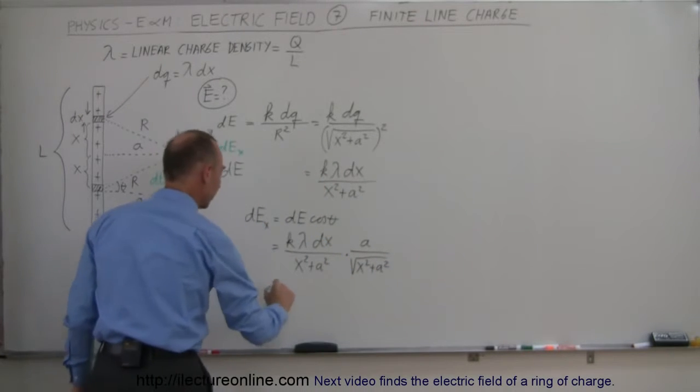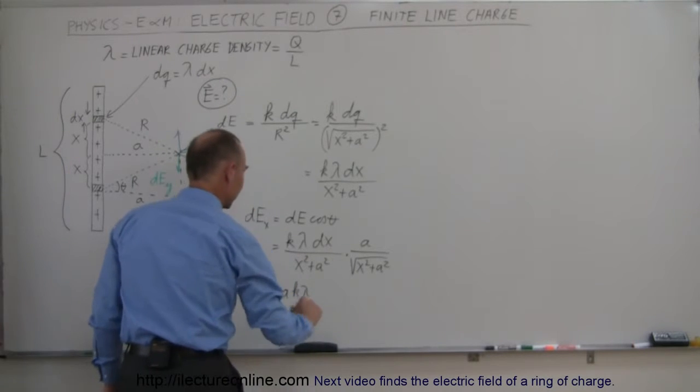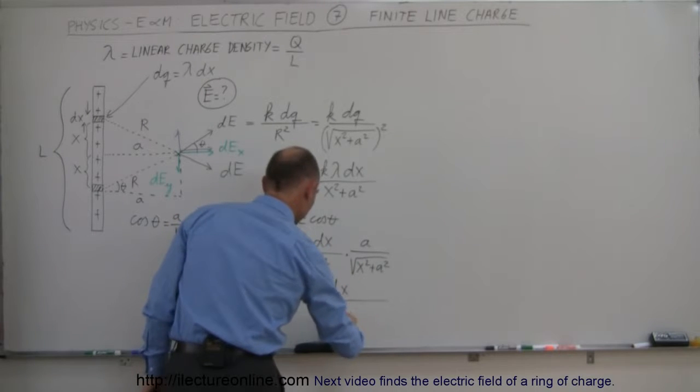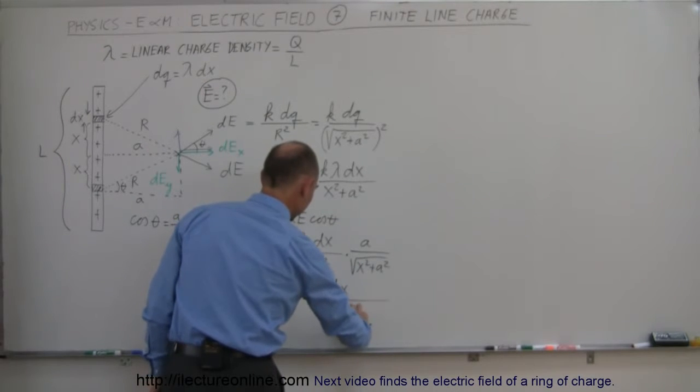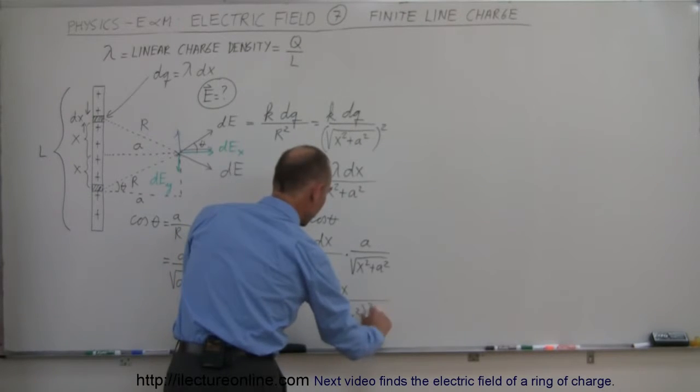So finally we can write this as a k lambda times dx divided by, I like to write x squared first, so x squared plus a squared to the 3/2 power.